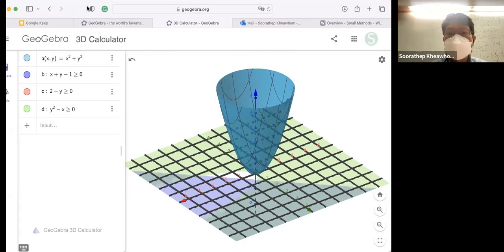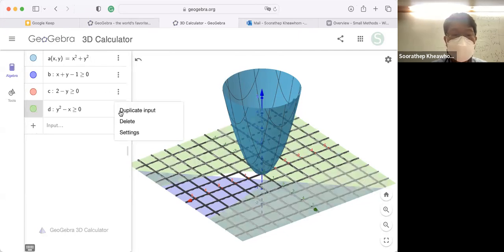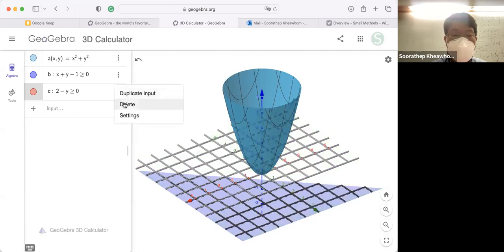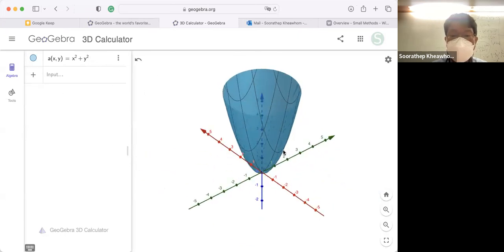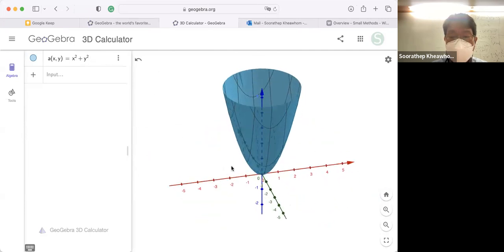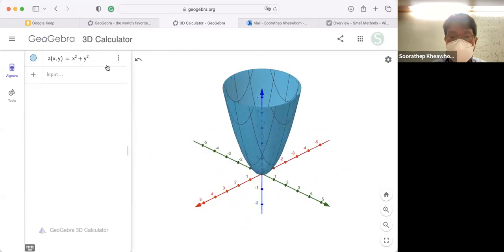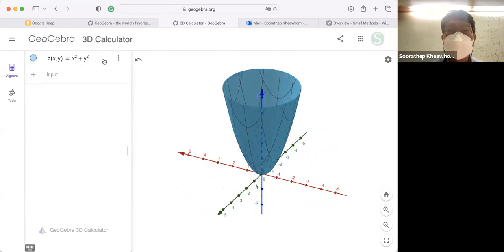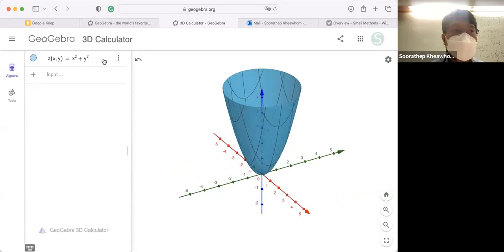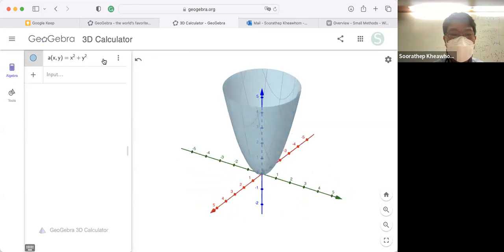Not sure you can see it. You can see it, right? Yeah, it's very simple. Let me delete other things, and then you can move to see the shape of your function. Of course, we cannot plot in 4 dimensions, 5 dimensions is impossible, but 3 dimensions is enough for us, right?